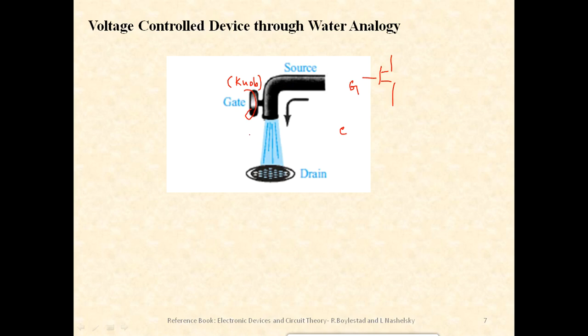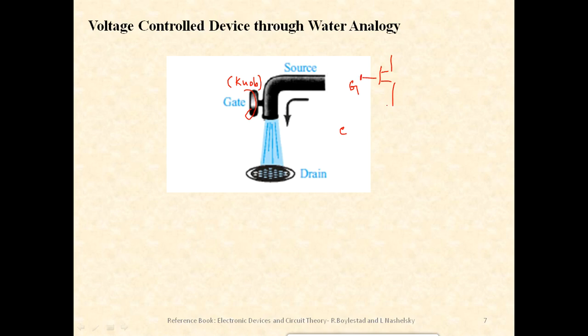If I just turn off the knob completely, then water will not flow. If I open it completely, then the maximum amount of water will be flowing from source to the drain. In the same way, if I do not apply any gate voltage, then the current will be different.